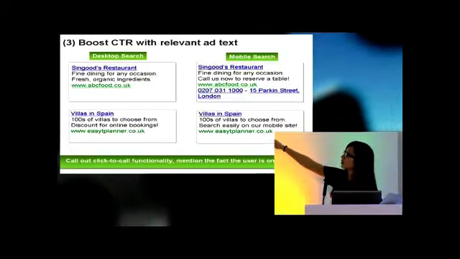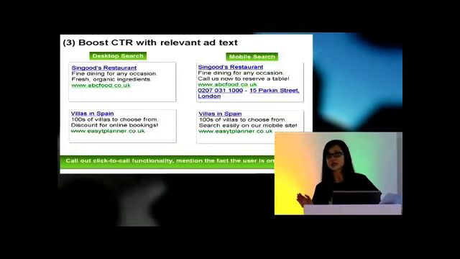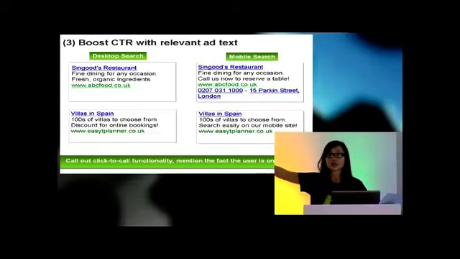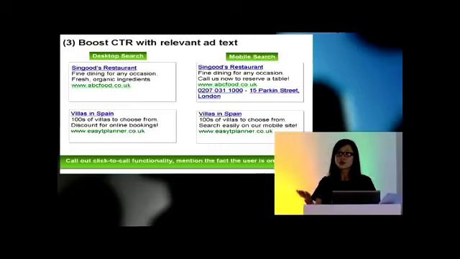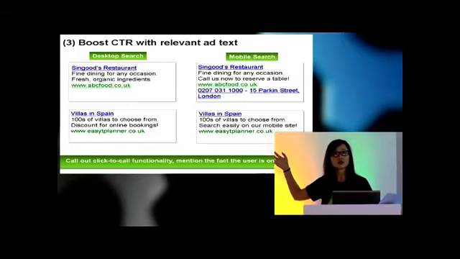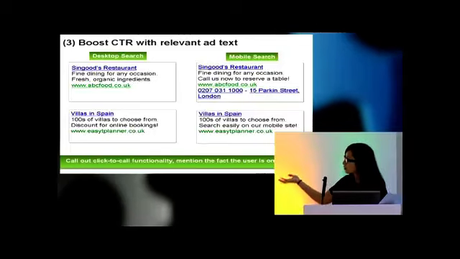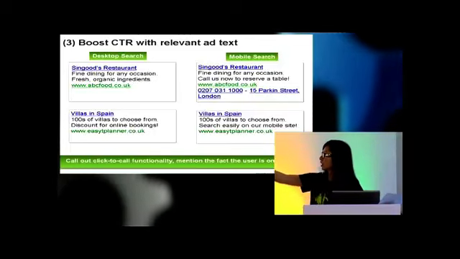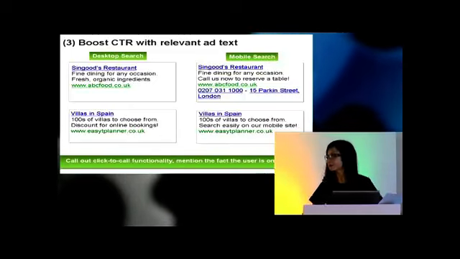So for the restaurant one, fine dining for any occasion, call us now to reserve a table. It has the click to call there, it has the location extension there. You know from yourselves, just by looking at that as a mobile user, you'd click on that more than you click on that. Also, villas in Spain. Hundreds of villas to choose from, discount for online bookings. Great desktop ad.